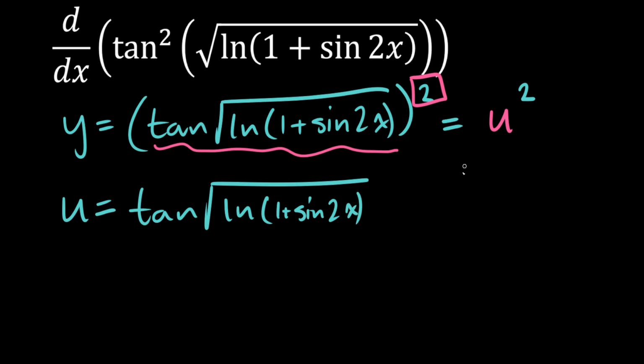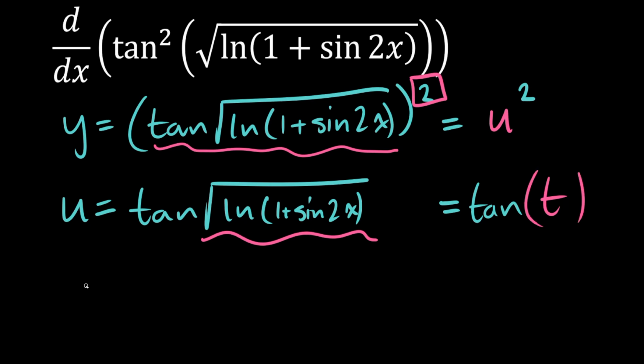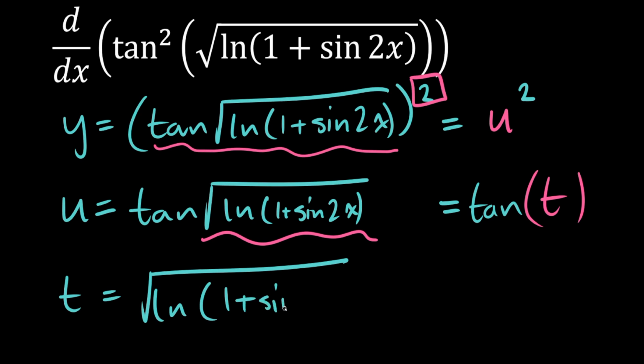And now our next stop in the function, we have an entire part here that's within the tangent function, this entire square root function. So I'm going to call this the tangent of, and the pink part is t, right? And then I'm going to call t the square root of ln 1 plus sine 2x.